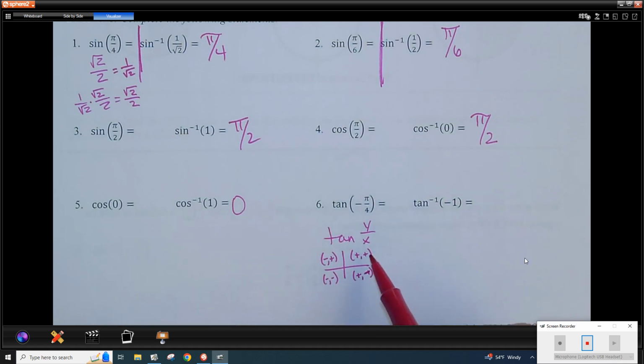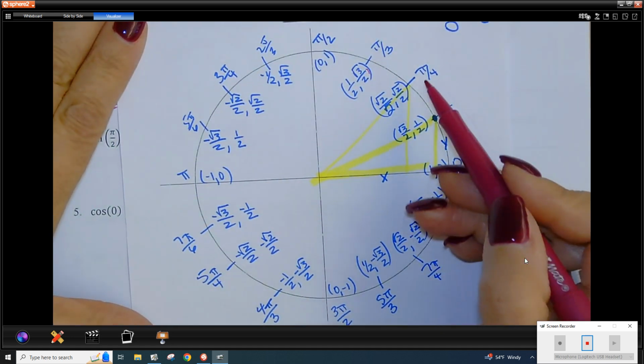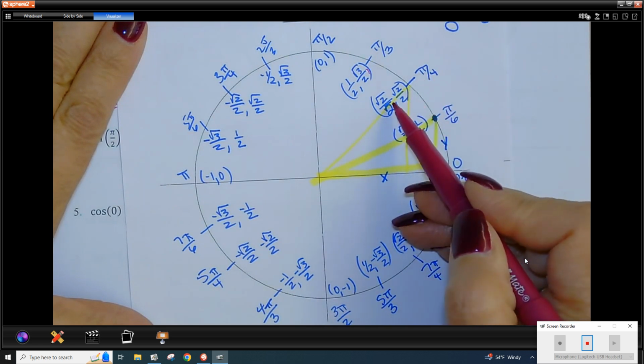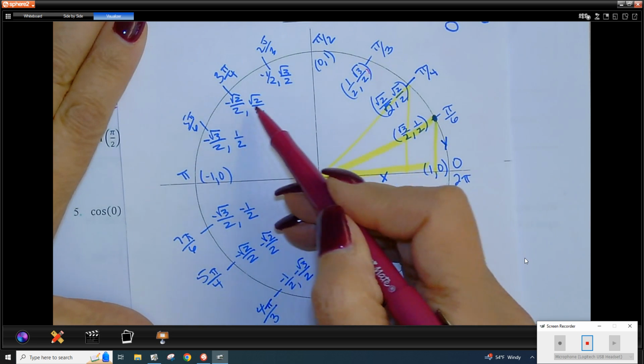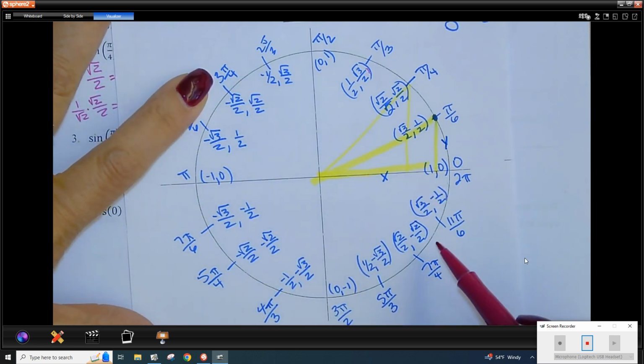But in order to get a -1, it would have to be in quadrant 2 or quadrant 4. So here the tangent is 1. Here the tangent is -1. So 3 pi over 4 or 7 pi over 4.